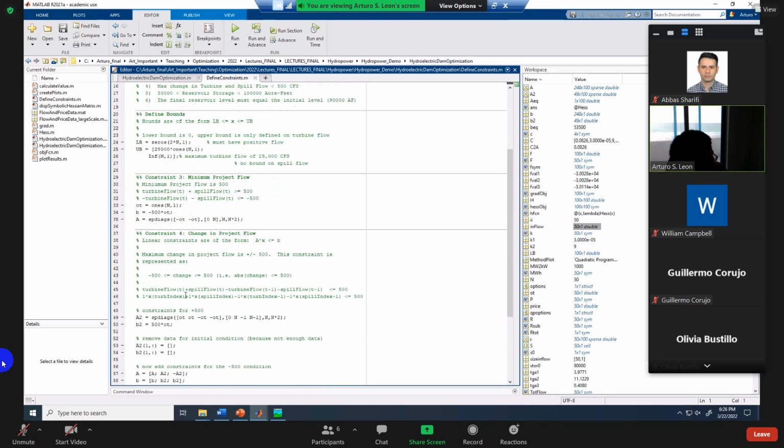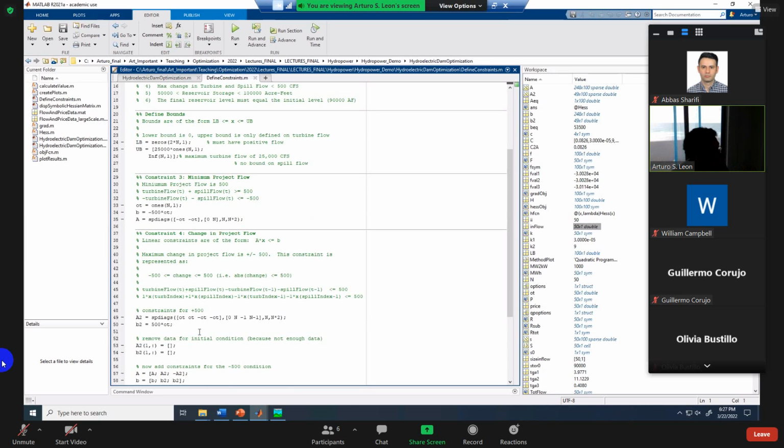Why am I doing a matrix form? Because if I have 1,000 variables, I can simply define everything in a couple of lines. Otherwise, you will need to define one line for every constraint, you will do a for loop, and it's very inefficient.